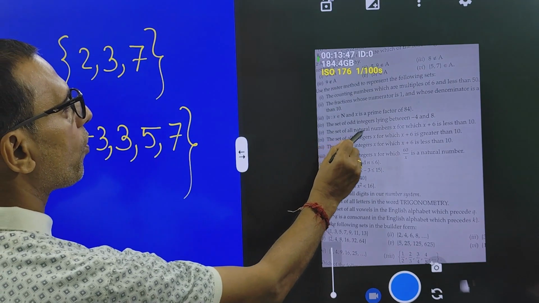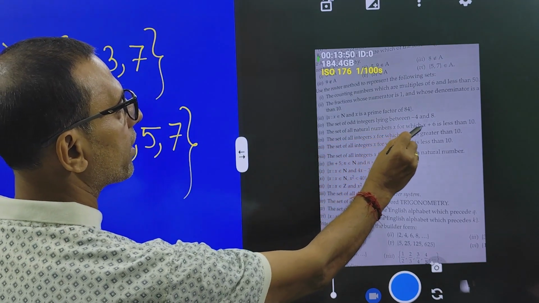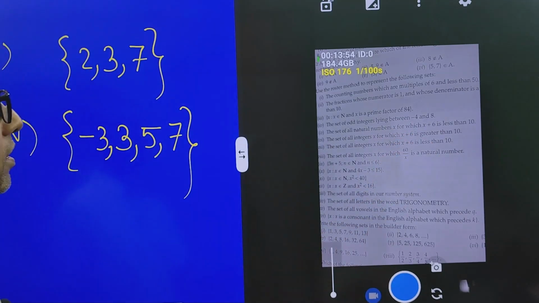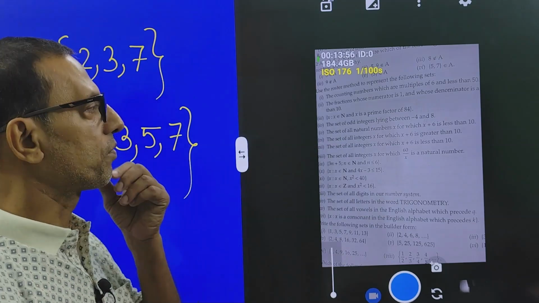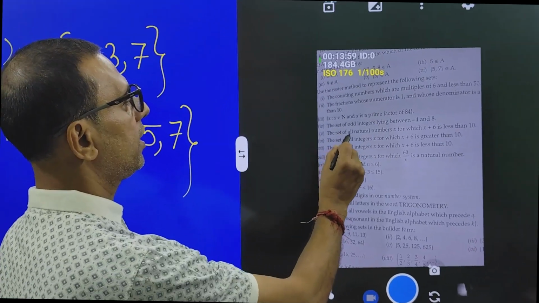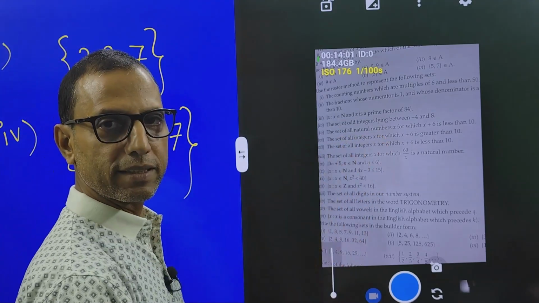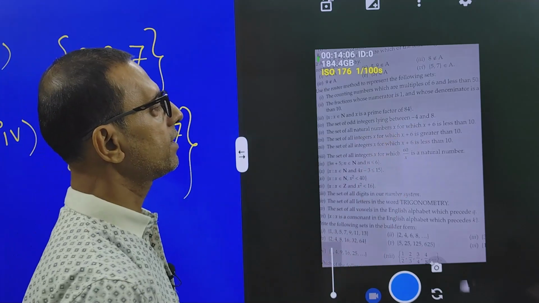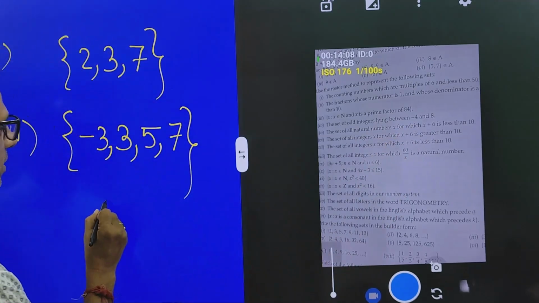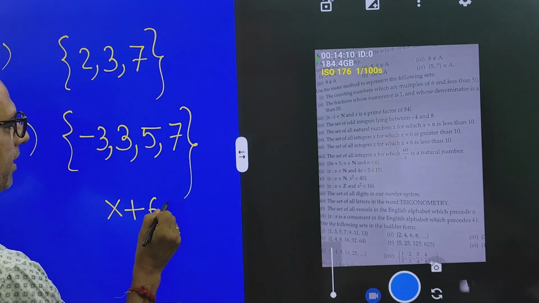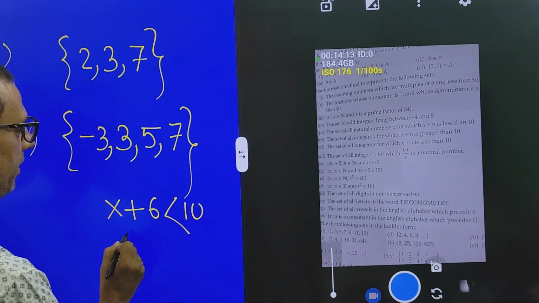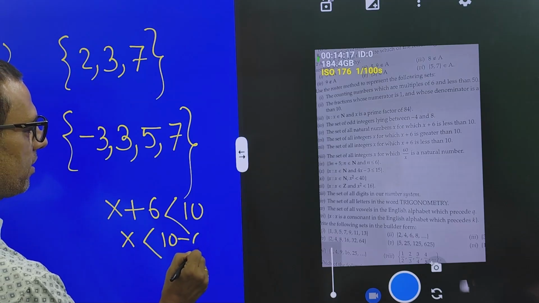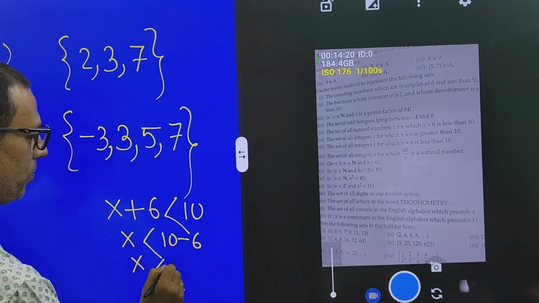Number 5: the set of all natural numbers x for which x plus 6 is less than 10. Okay, how can we express it in roster form? If x plus 6 is less than 10, that means x is less than 10 minus 6, that means x is less than 4.